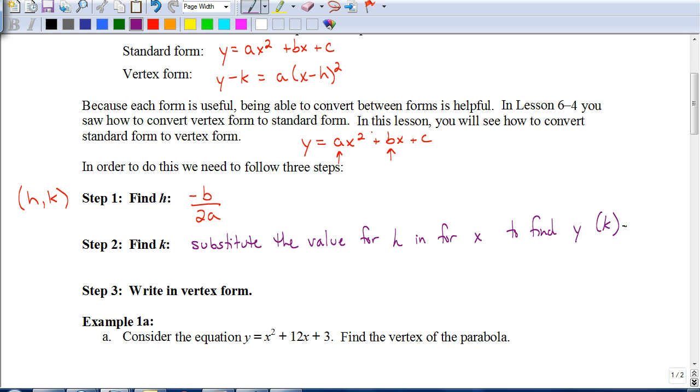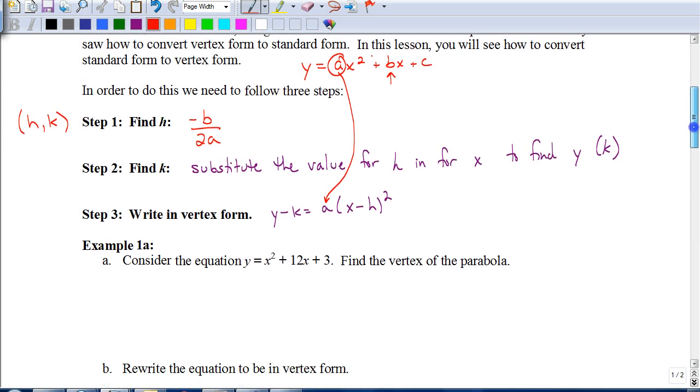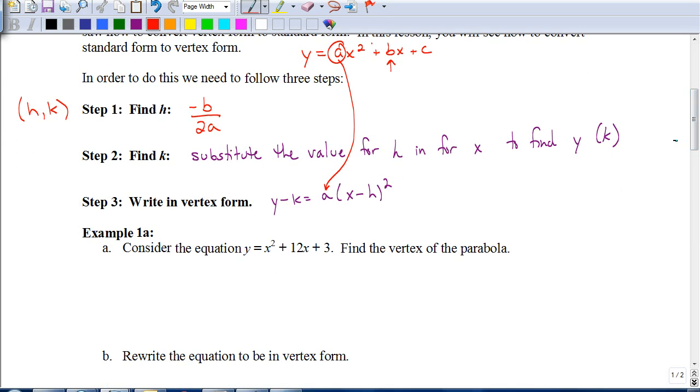And then we're going to write our equation in vertex form, which again is y minus k equals a times x minus h squared. And the a that's in our vertex form is the same a that's at the beginning of our equation in standard form. So we can't forget about that a if there's a number there for a. So let's look at this one.